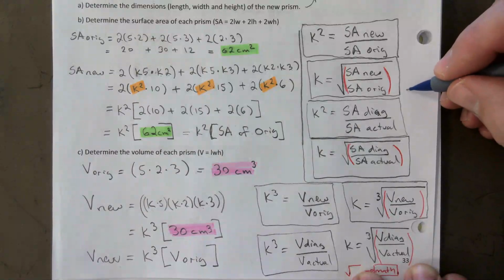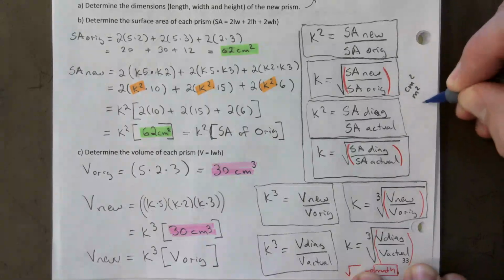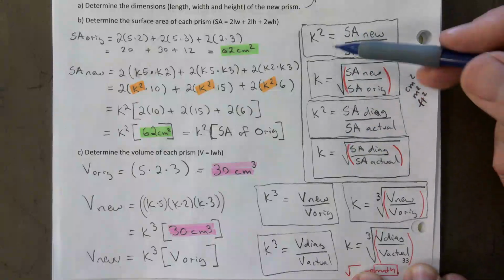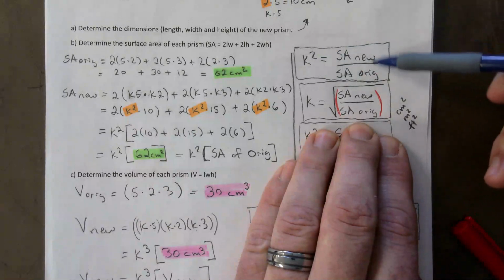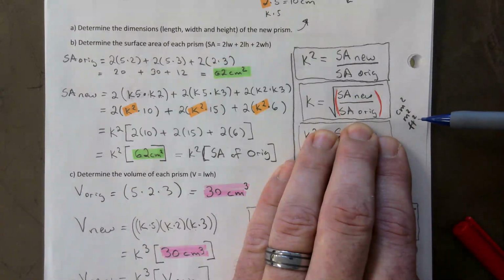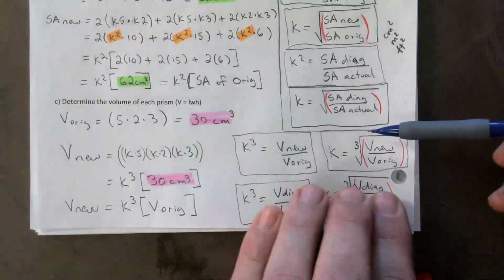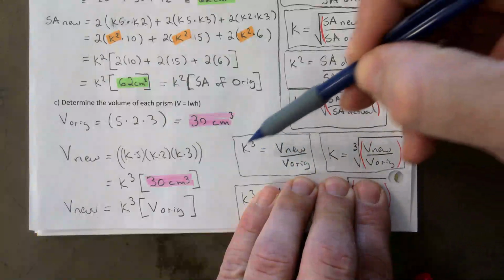But if you ever see centimeters squared or meters squared or square feet, anything squared, you know that you have to use this setup, and then possibly take the square root if you notice the units are squared. If you notice the units are cubed, then you're going to have to use this setup right here.